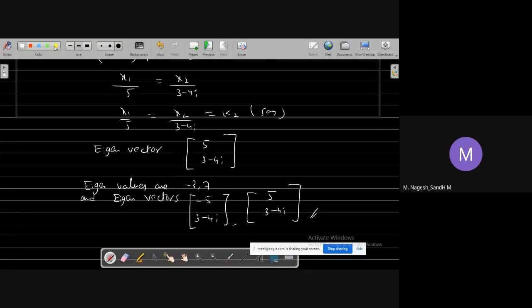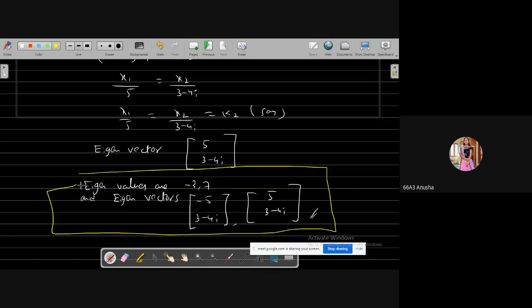This is the answer. Have any doubt here? Okay, this is how to do the eigenvalues and eigenvectors for the complex numbers.